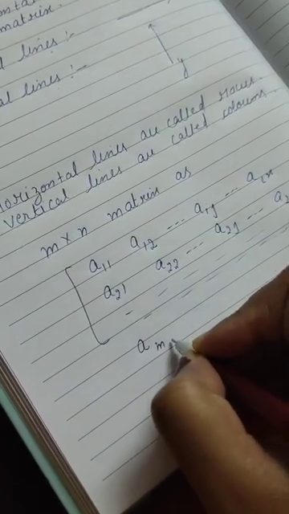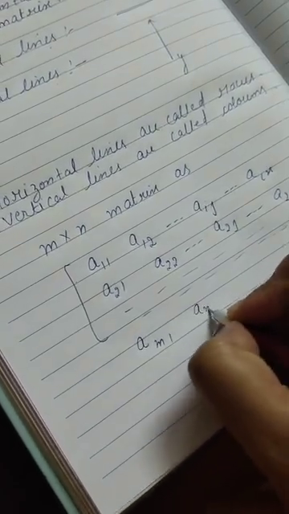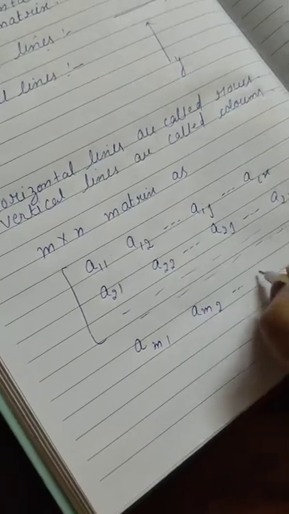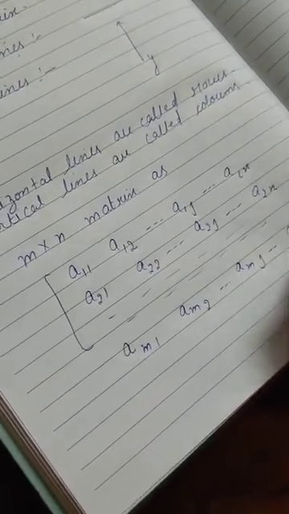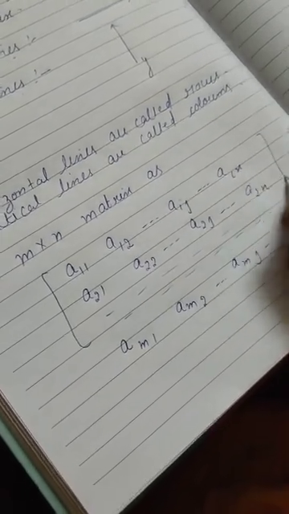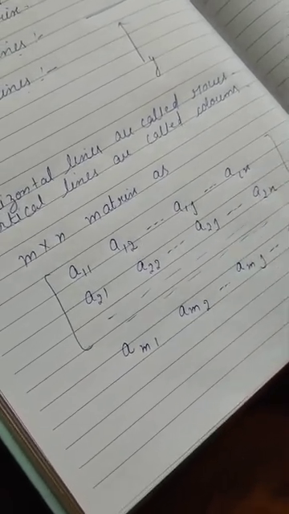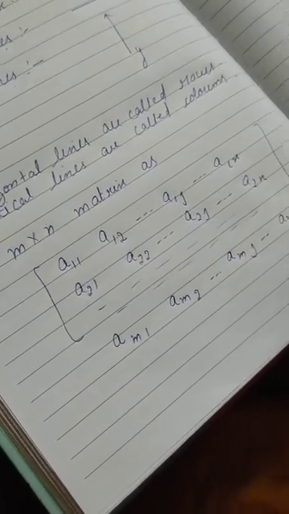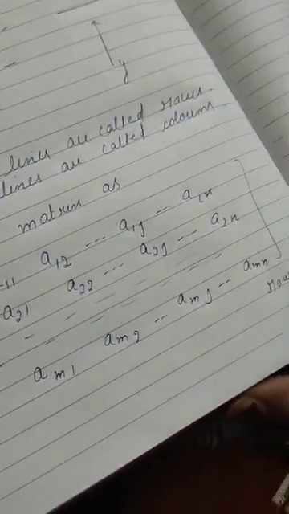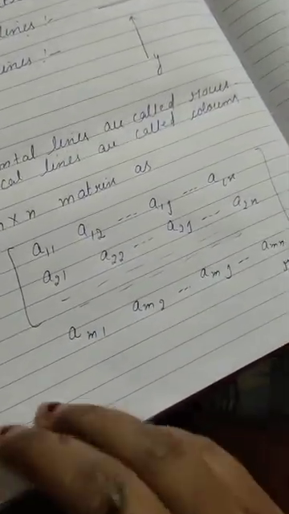M row first element, m row second element, similarly m row jth element and m row nth element. It will be represented as row multiply column.